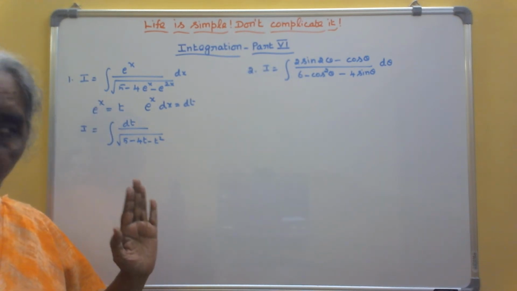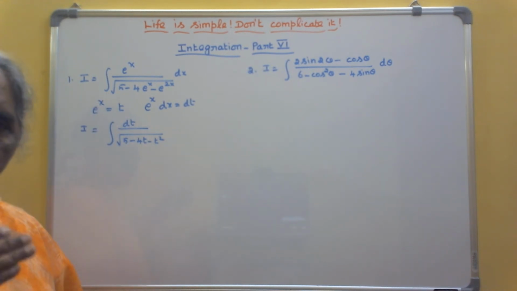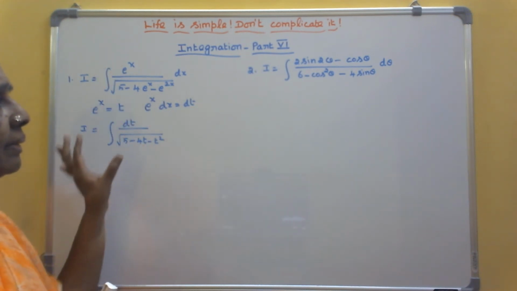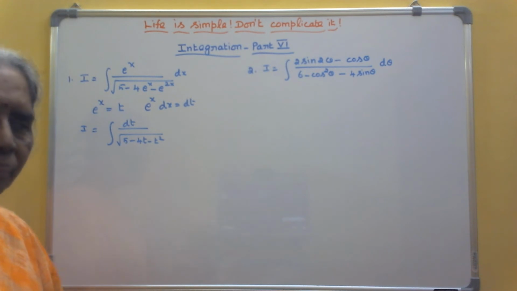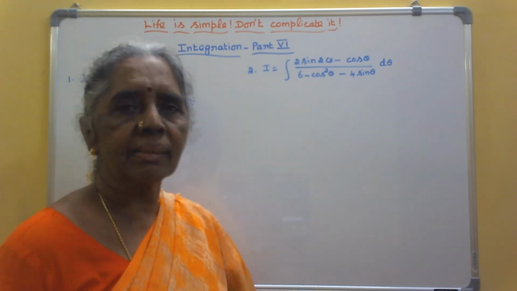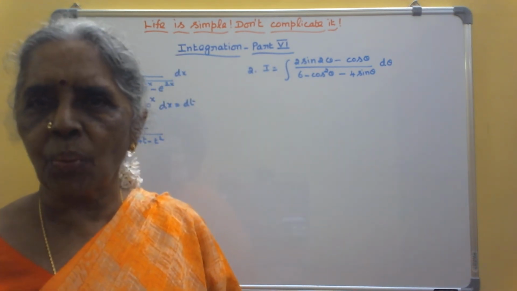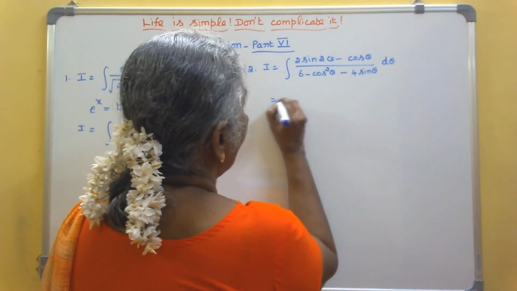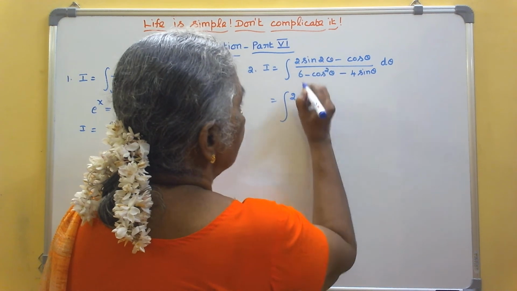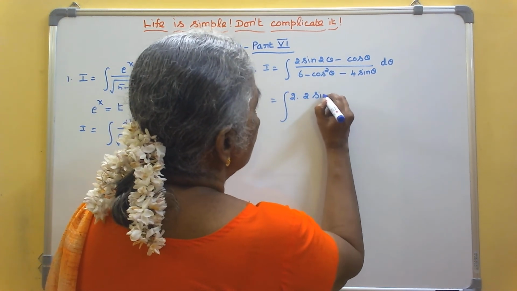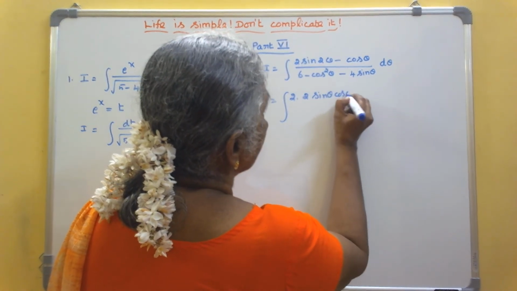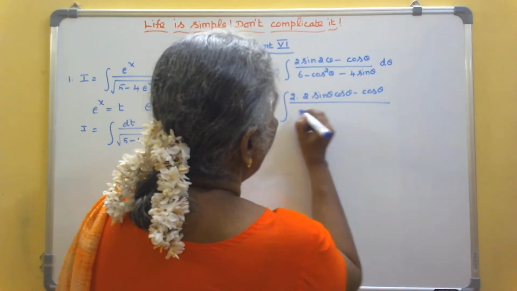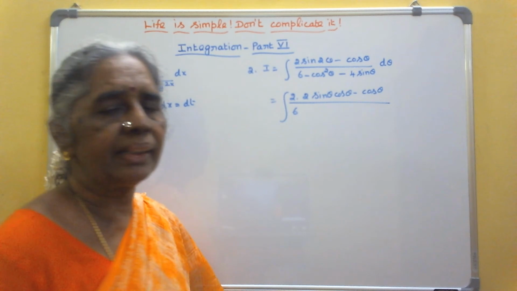That's all. So like this you have to think. You have to go from one step to another like that, you should understand. So this is comparatively easier. Now let us come to this sum. This looks a bit confusing, isn't it? So first what I will do is, let me write 2 sin 2 theta as 2 sin theta cos theta minus cos theta by, I am having here sin theta.